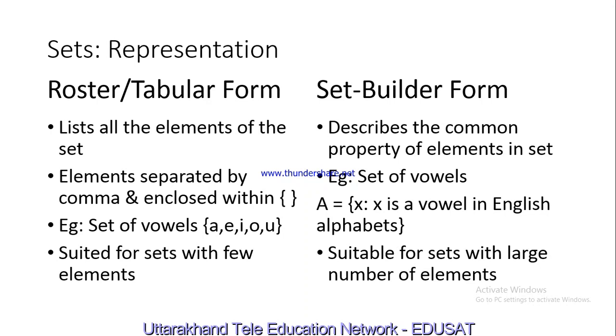So can you keep on writing till infinity? You would not be able to do that. In that case, roster tabular form is not what you are going to use. You would be using the set builder form, and you can always write A, or let's say B, is equal to x such that x is an odd number. So this is how you are going to use the set builder form here.